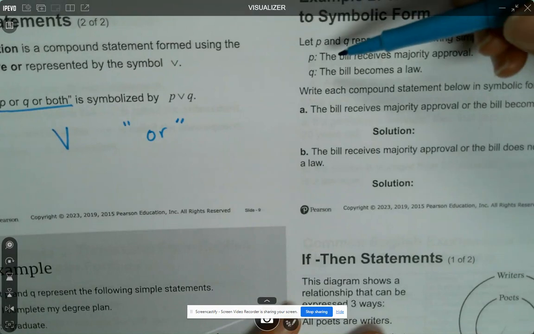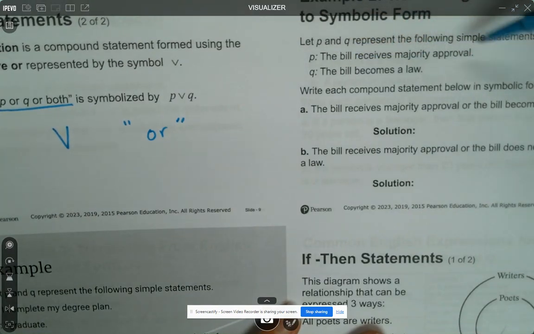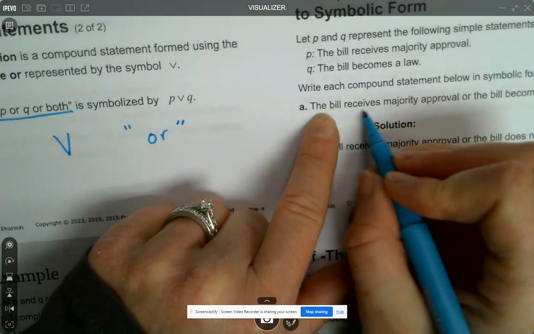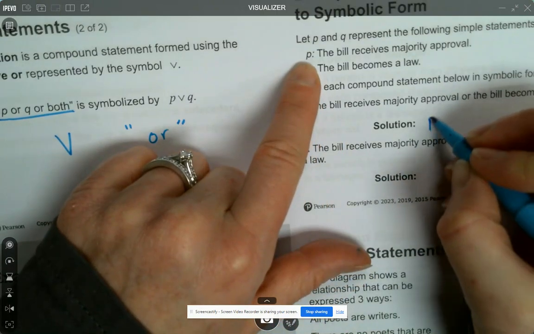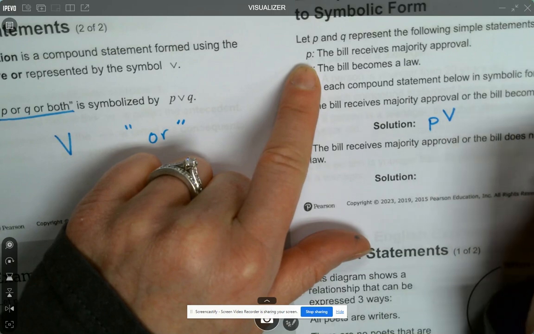So let's look at an example. P, the bill received majority approval. Q, the bill becomes a law. So let's look at how to write this. The bill receives majority approval, so that's P, or the bill becomes a law.